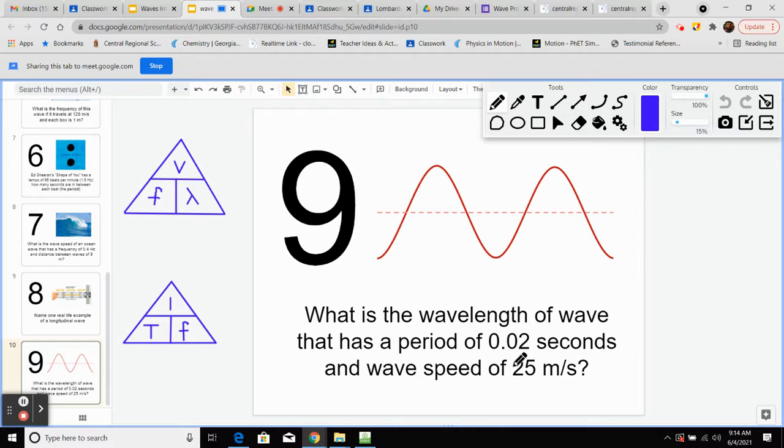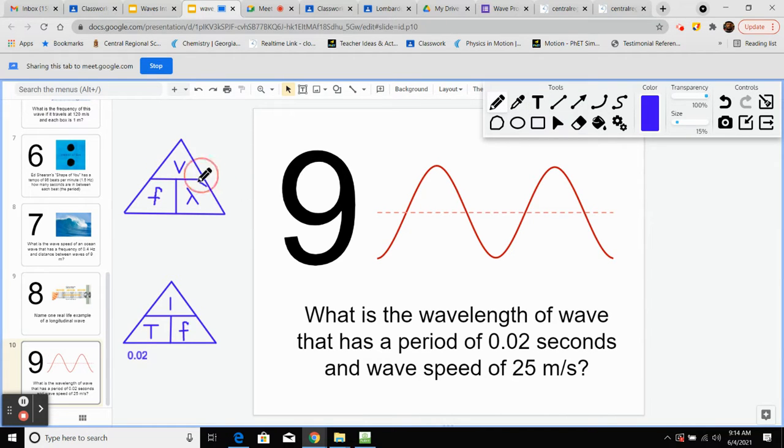So why is it 2 steps? Well, because they give us T right here, 0.02.